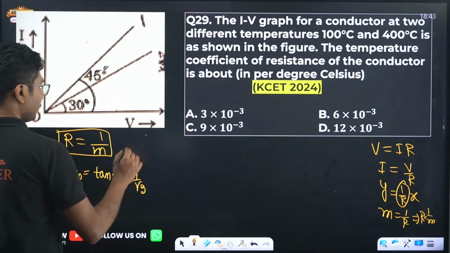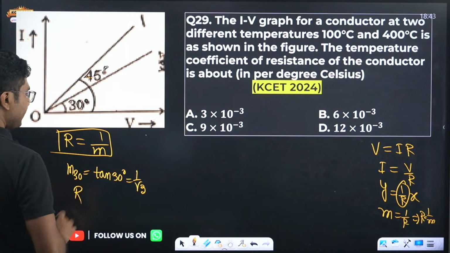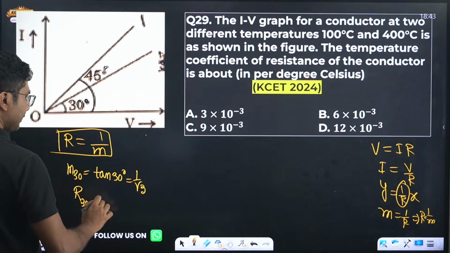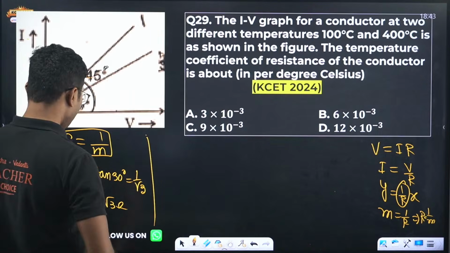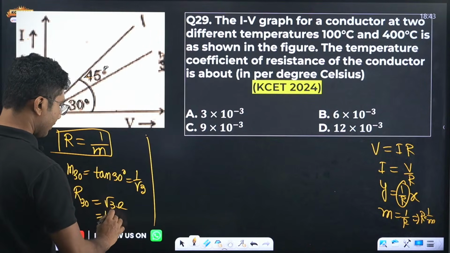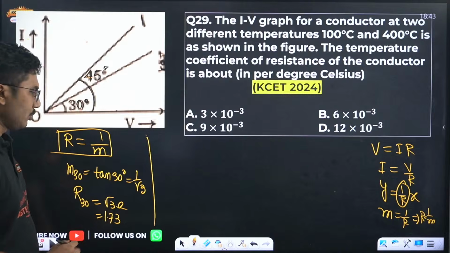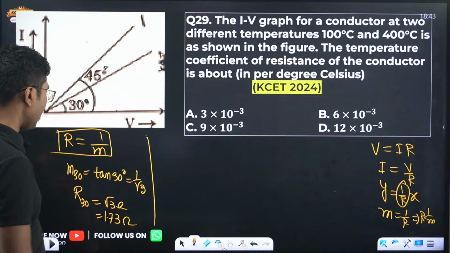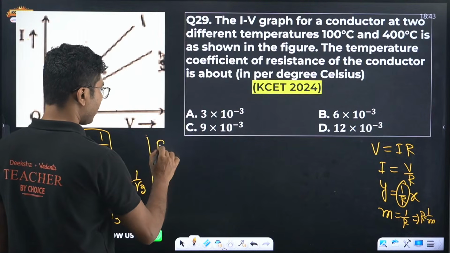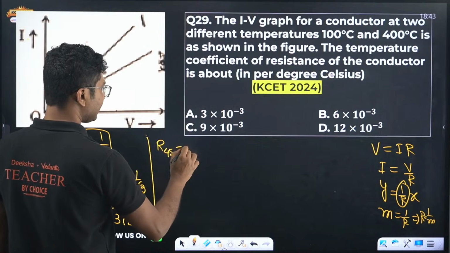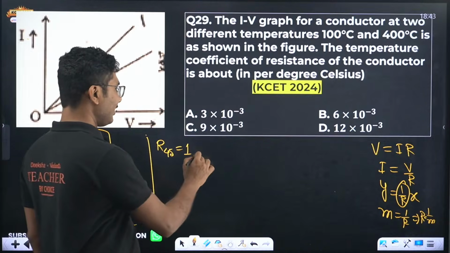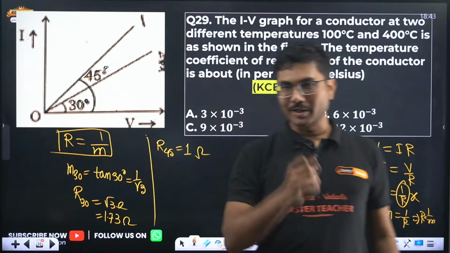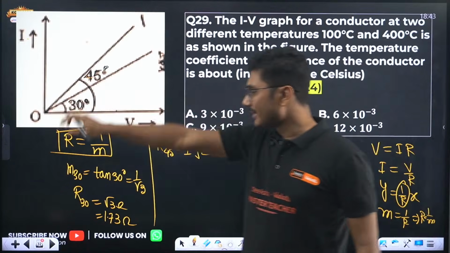So correspondingly, resistance for 30 degrees is root 3 ohm, that is 1.73 ohm. What about resistance for 45 degrees? Resistance for 45 degrees is 1, because tan theta is 1, so 1 by tan theta is also 1.